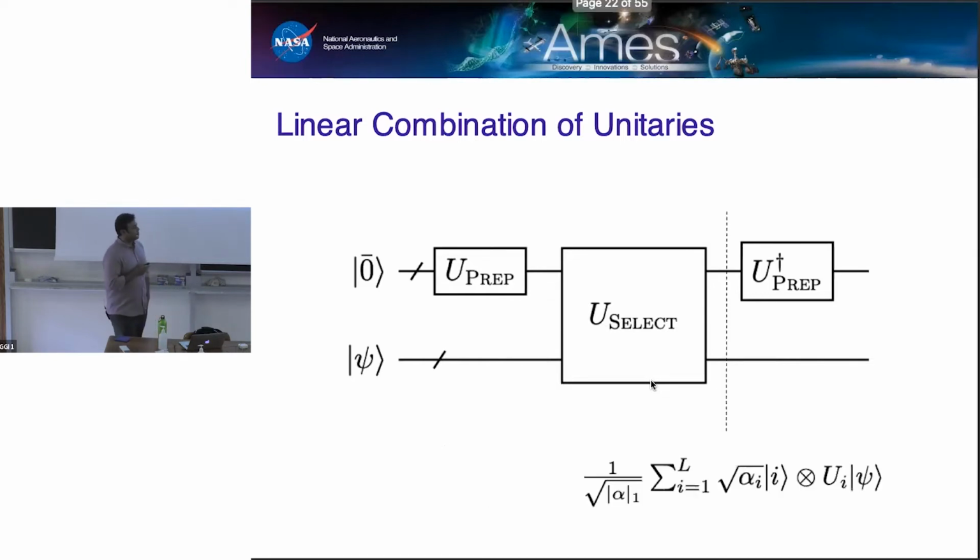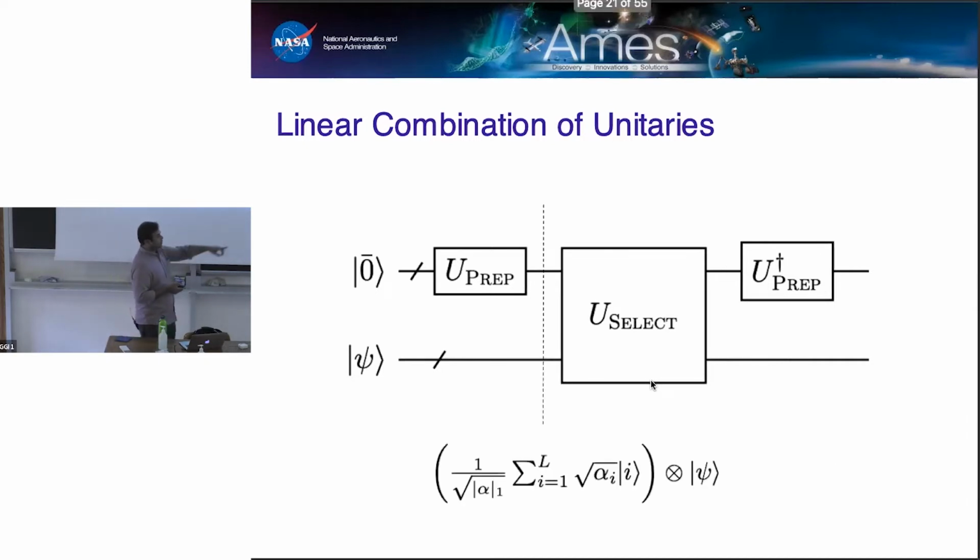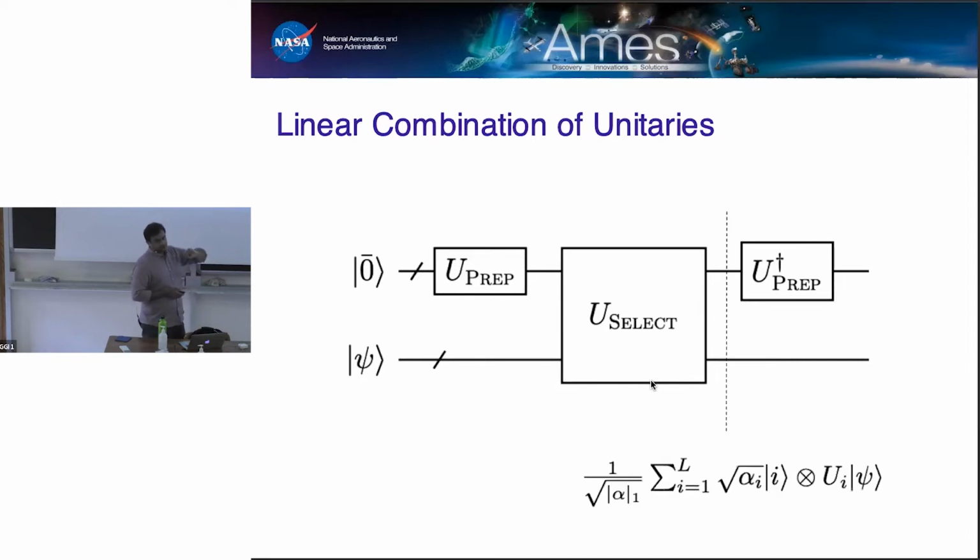The U select operation actually entangles those two registers together. Remember that U select conditions itself on the state of the first register being in the i state, and conditioned on that, it applies the unitary U sub i. So now we have an entangled state like this. And finally, that last part undoes the operation of U prep.